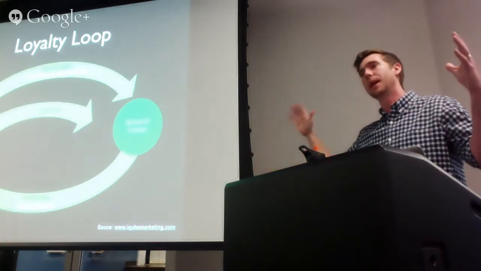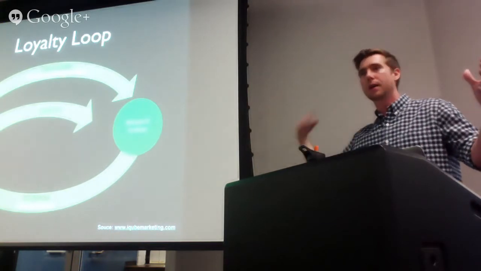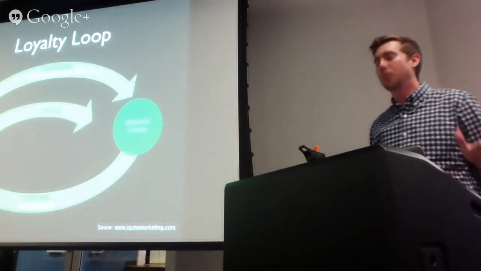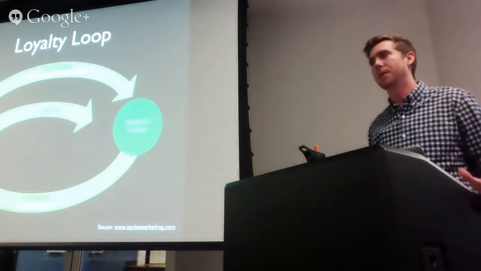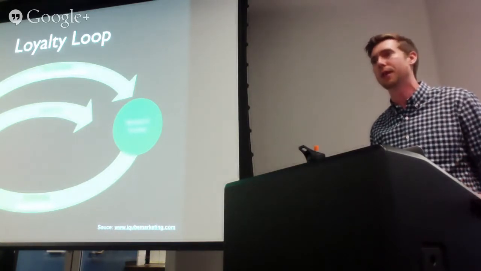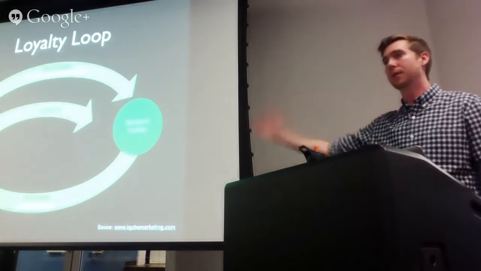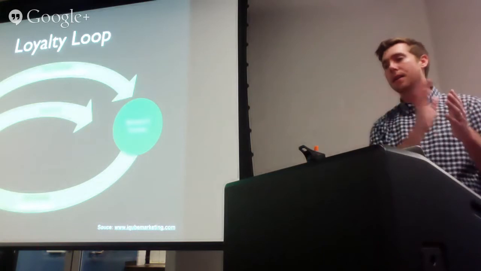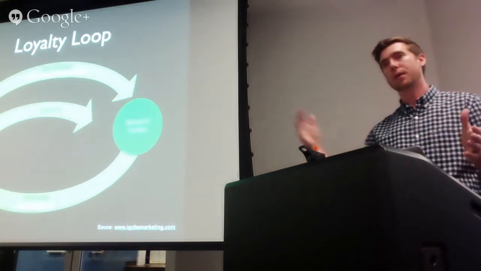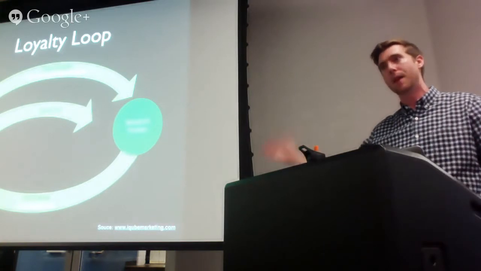That would be a very large, very complex loop with all sorts of different loops on it, because we are in the business of helping people with their personal finance. That is a lifelong engagement from the time you start managing money in your teens all the way through to retirement and beyond. There are steps and products and services all along the way to engage you there. So it is a massive, massive loop.